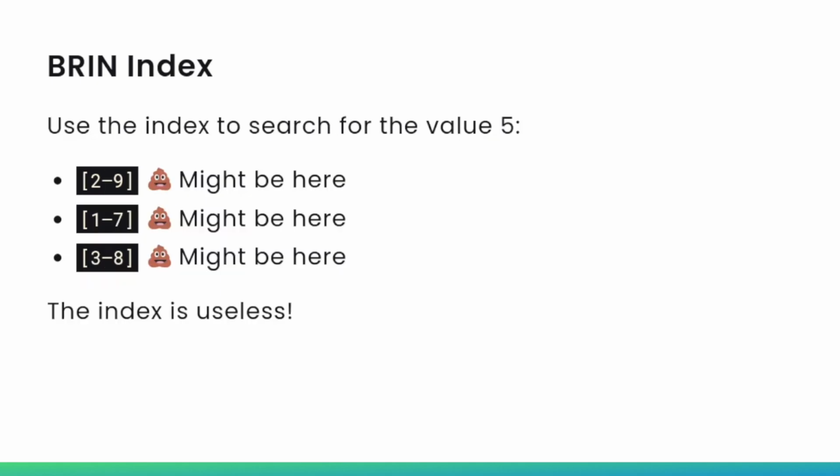And then once again, we try to search for the value 5. So now 5 is between 2 and 9, 5 is between 1 and 7, and 5 is between 3 and 8. So in this case, using the index, I was unable to eliminate any part of the table. I need to scan everything. So in this case of poor correlation, the BRIN index is completely useless, okay?